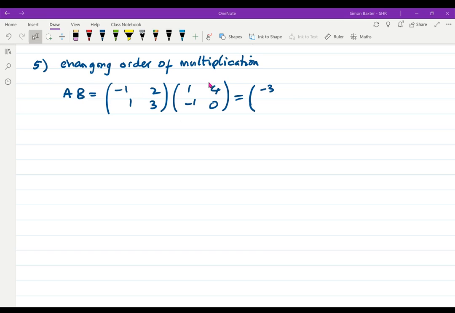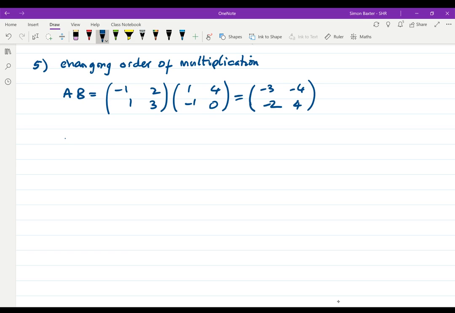So the first row times the second column is minus 1 times 4 plus 2 times 0. The second row, first column, 1 times 1 minus 3 is minus 2. And the next one is 1 times 4 plus 3 times 0 is 4. So there's the matrix AB.